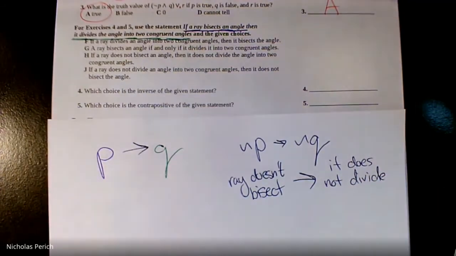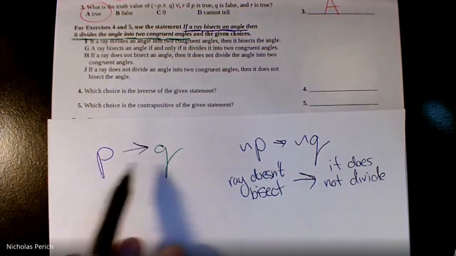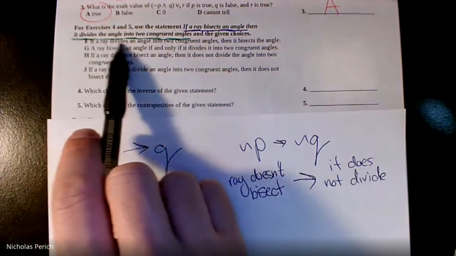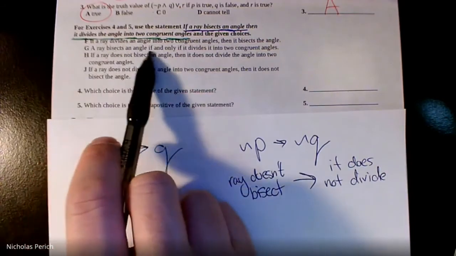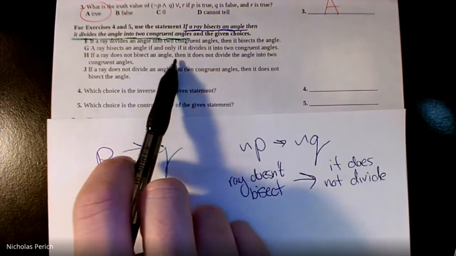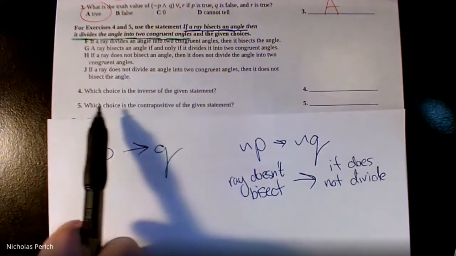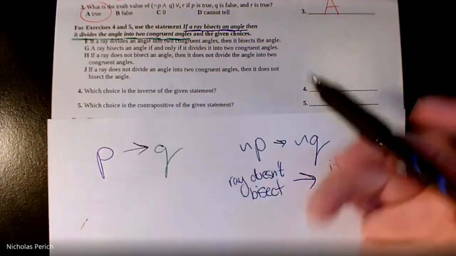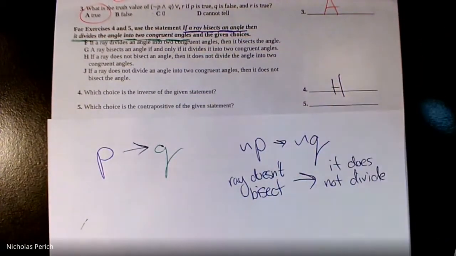Basically the inverse is when you keep the order that it's in and you flip both of them. So I need the one that says ray does not bisect turns into it does not divide. F is if a ray divides, nope. If a ray bisects, nope. If a ray does not bisect, so we have promise here, then it does not divide. So this is H. The inverse is H.